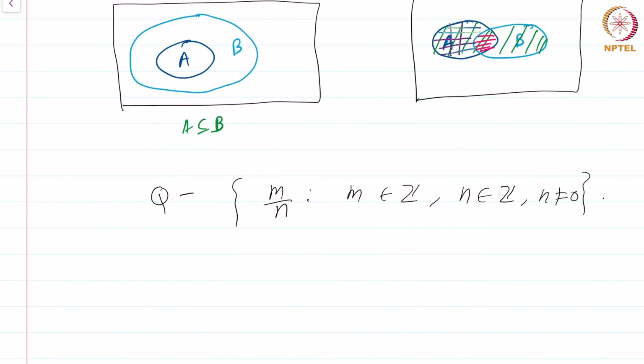This is the collection of all rational numbers which are of the form m by n. Now in the previous lecture we showed that root 2 is not in Q. The proof was slightly involved. Even though quite elegant and elementary, you needed an idea.